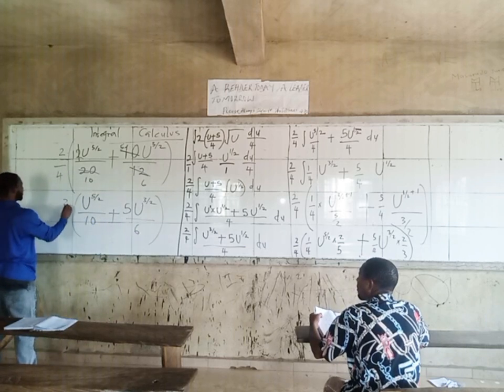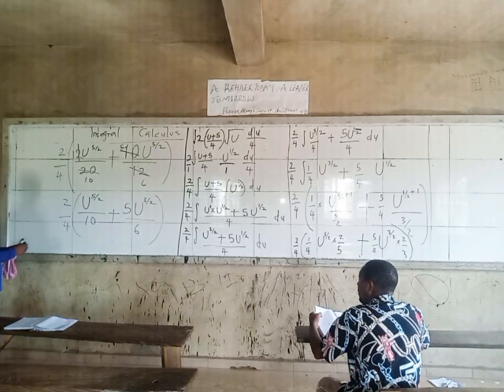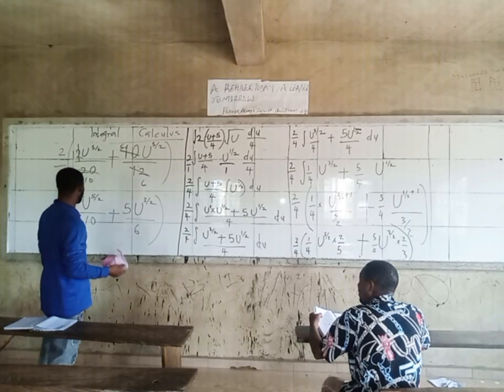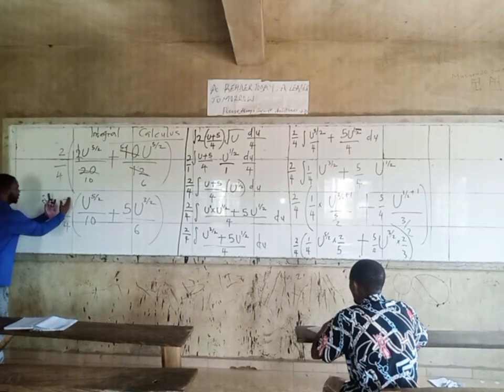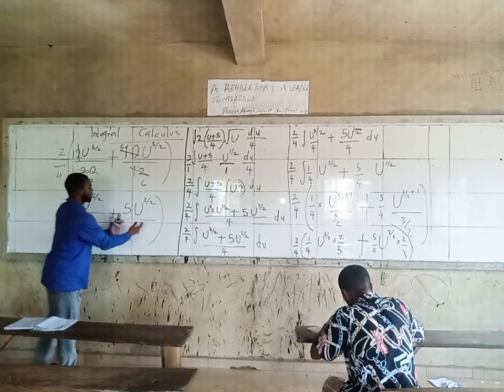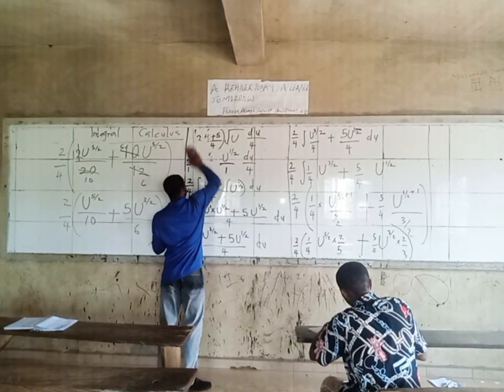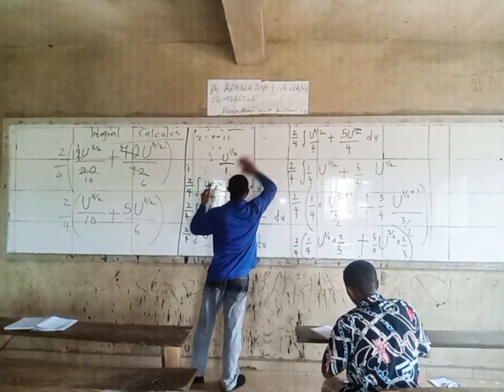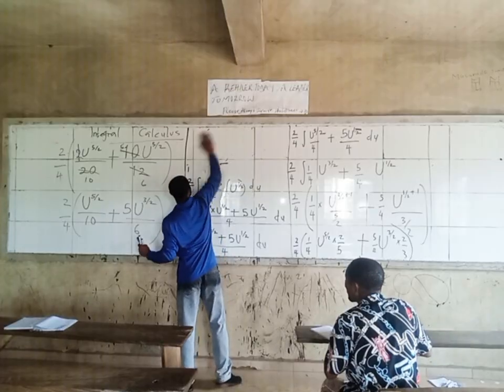Still everything multiplied by 2 over 4. And this is now when we can multiply this, multiply this. So how we do it without trying to multiply errors is so that we don't have any confusion.